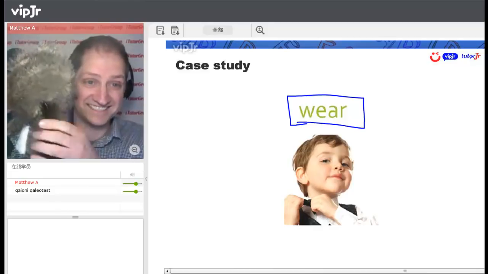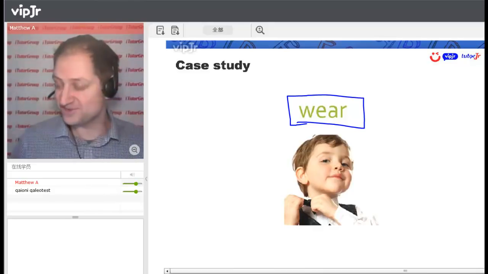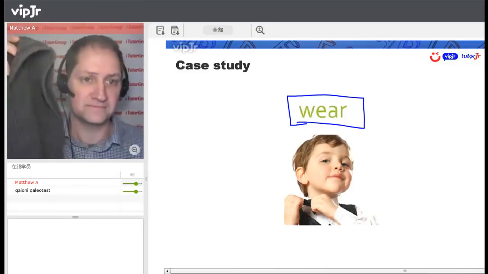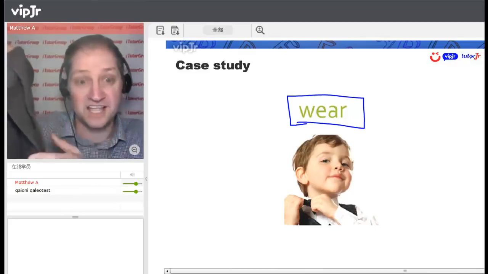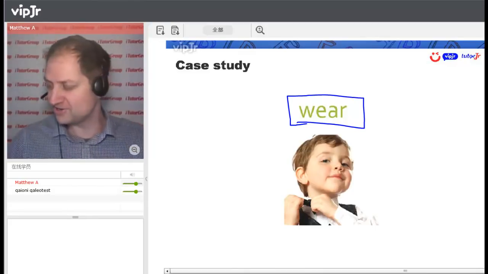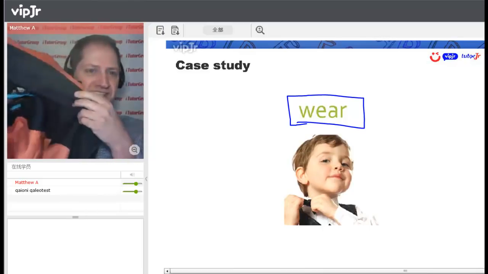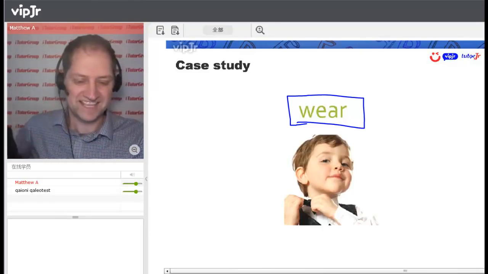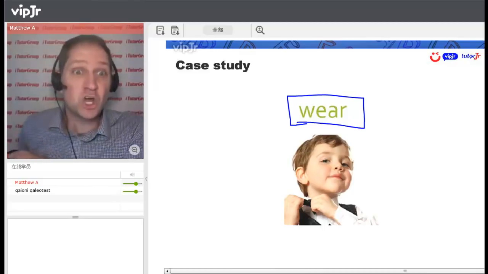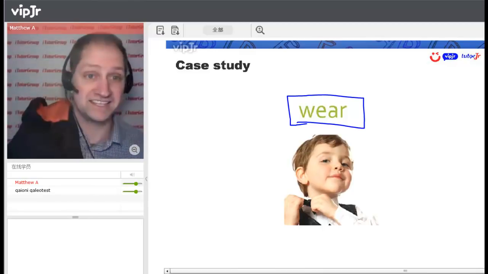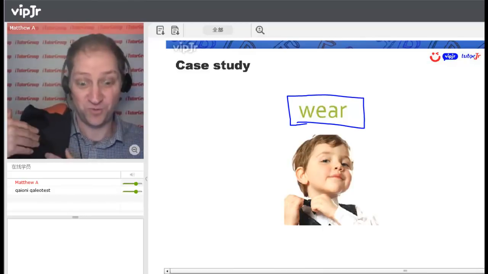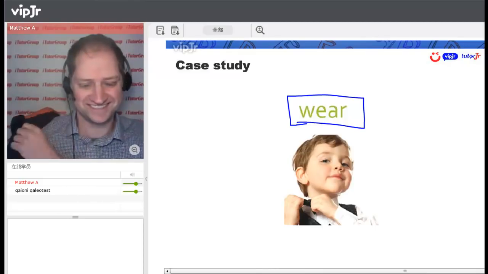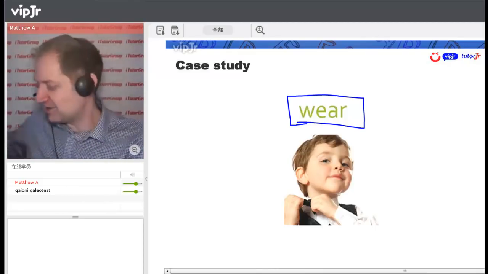Hat. Very good. Well done, Claire. What about this? Do you remember we learned this word? What's this, Claire? Scarf. Excellent. Very good. One last one. What have I got here? What's this, Claire? Any ideas? I don't know. Coat. We've got wear. Wear coat. Very good.